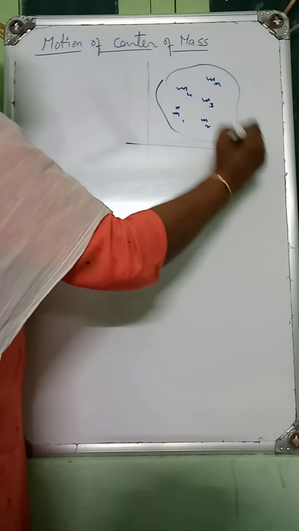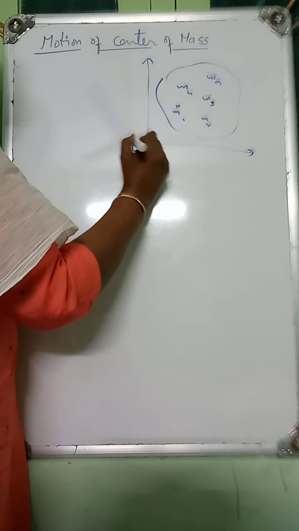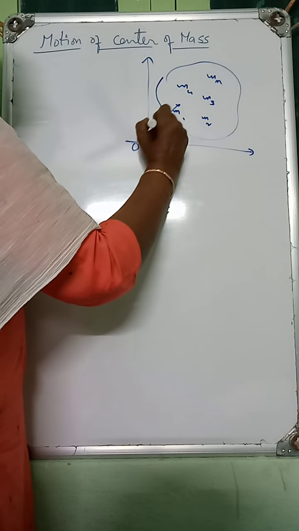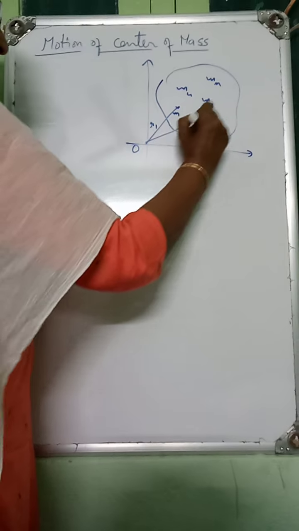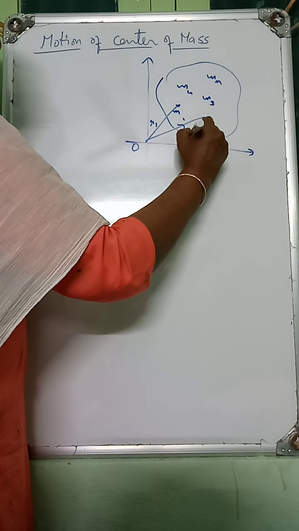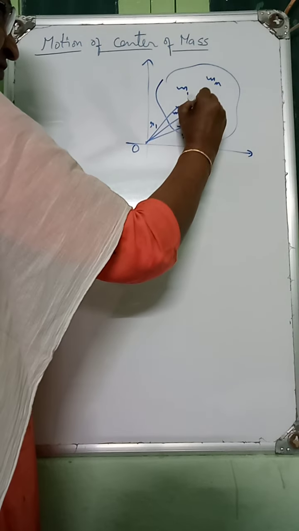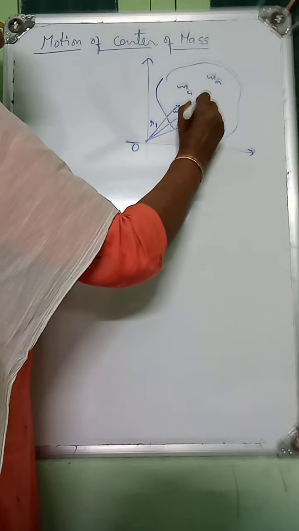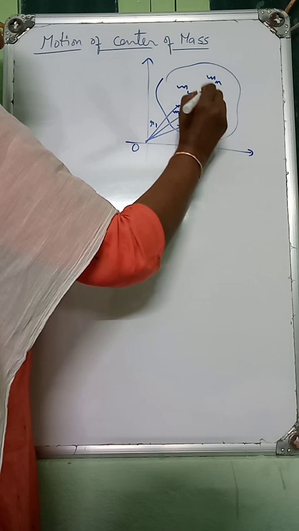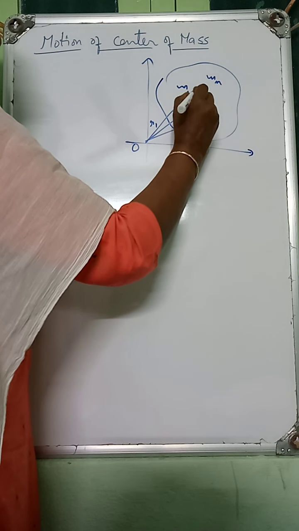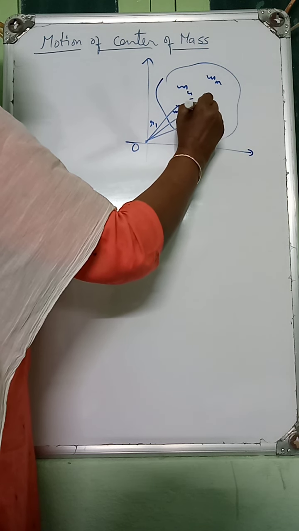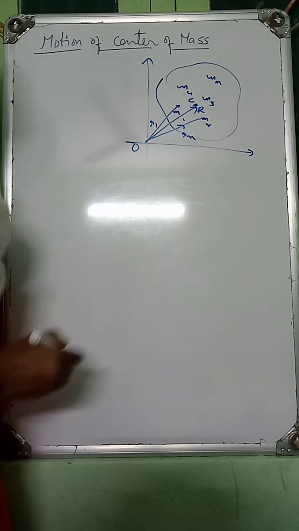The position vectors of all these masses from the origin are r1, r2, and so on up to rn, and capital R is the position of the center of mass. C is the center of mass. R is its position vector.